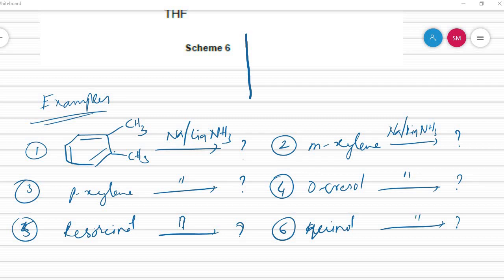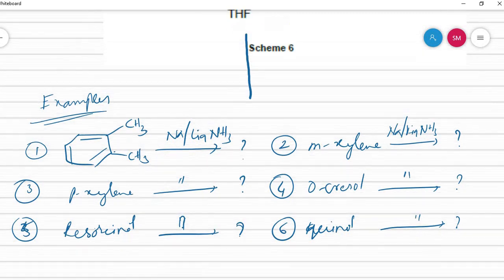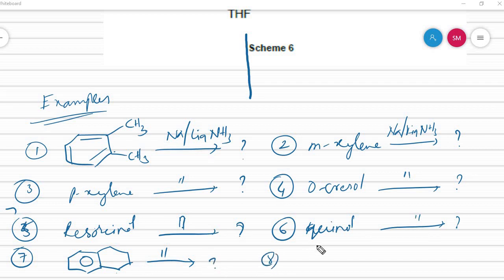And some more examples. So this is tetralin. If it is like this, what would be the product? And if I use phthalic acid, what would be the product?